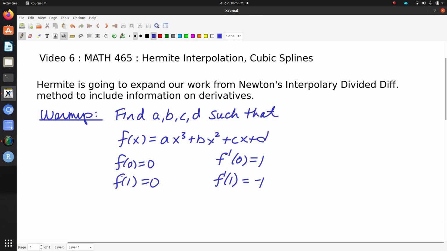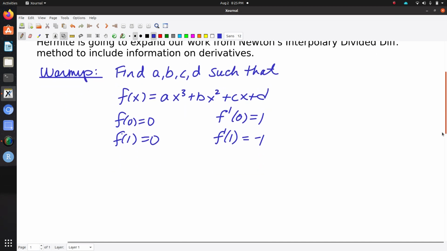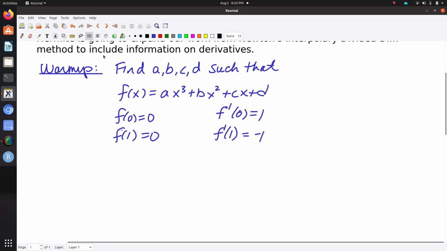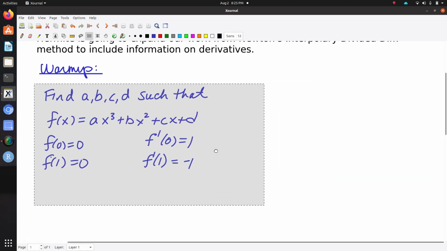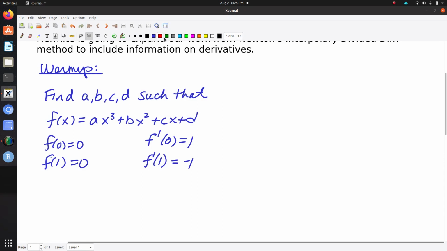Okay. So I'm assuming that what you did went something like this. I'm going to move the question over here so I can put the answer on the other side. First of all, I'm going to need the derivative. Now f prime of 0 is equal to c, so that's 1.